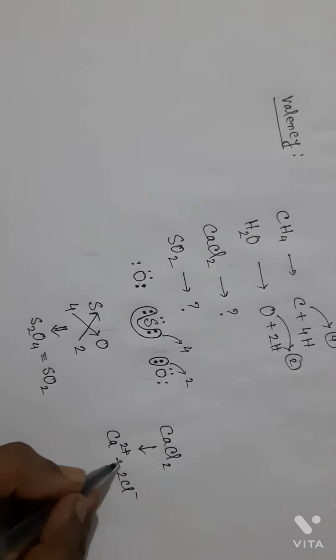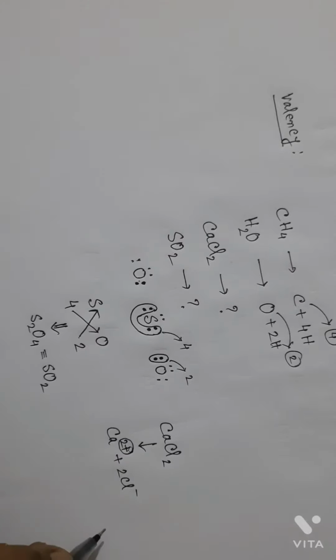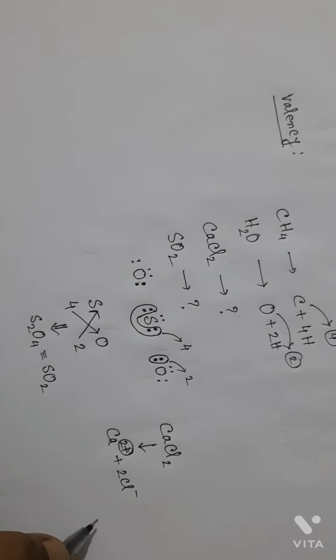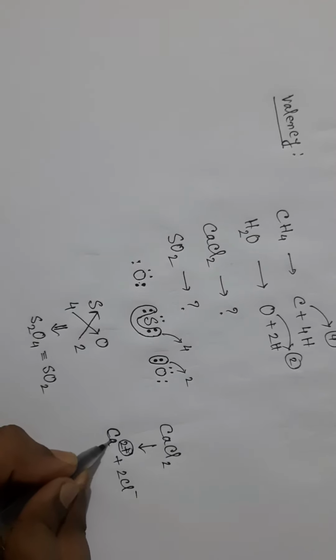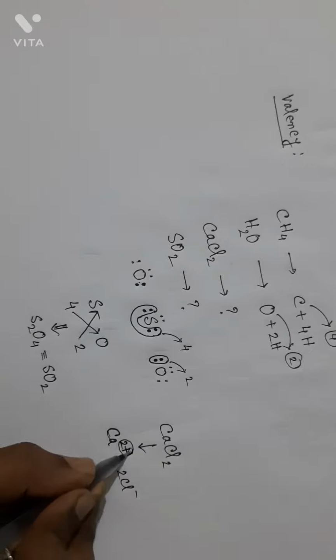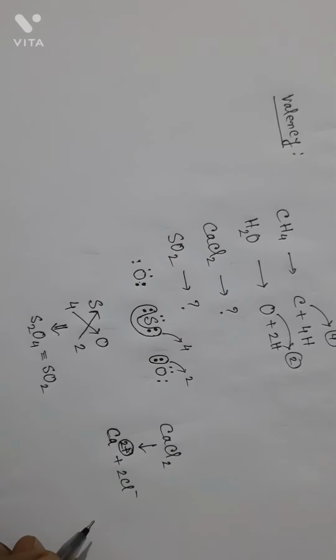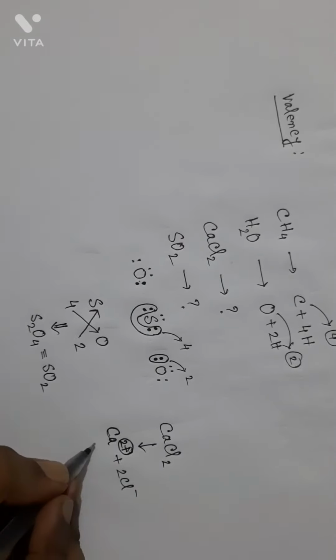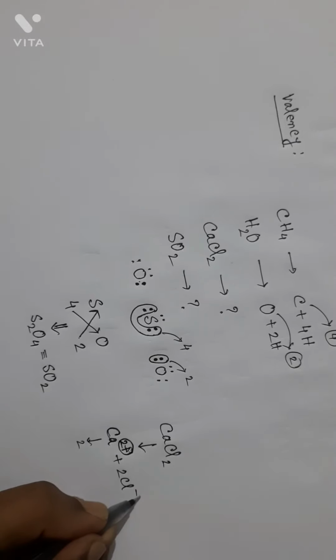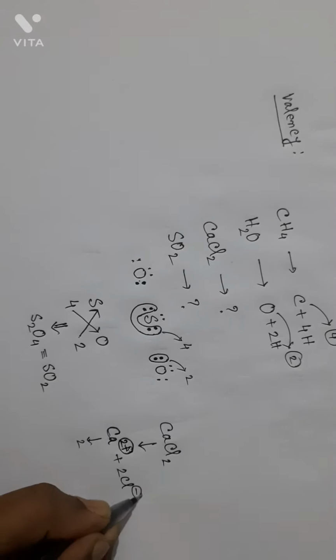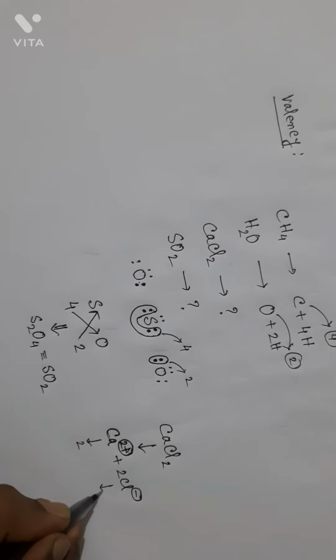As calcium has a plus 2 charge, the valency of calcium is 2, and as chloride has a minus 1 charge, its valency is 1.